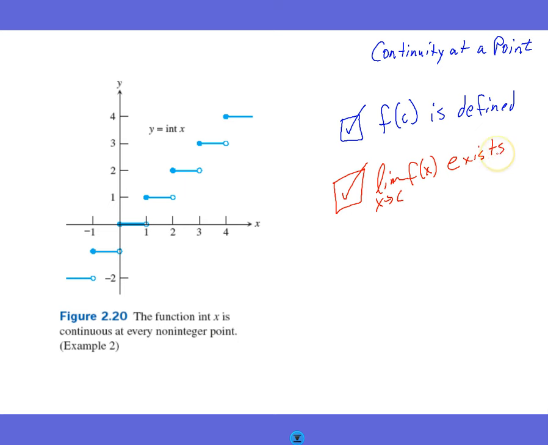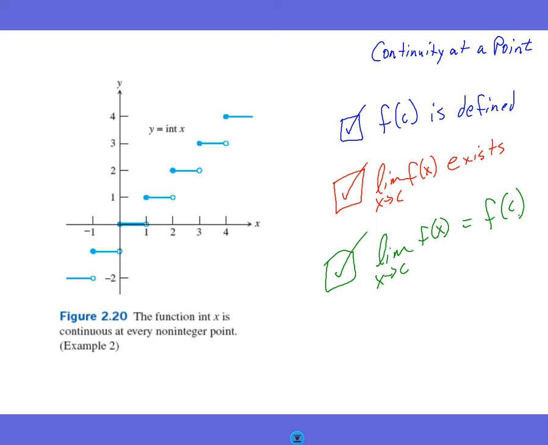It exists. The next part is, does that limit value as x approaches c of my function equal my function value? You can't just hop to this. You have to actually show these 3 steps.